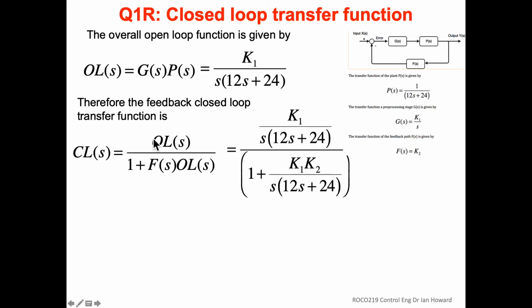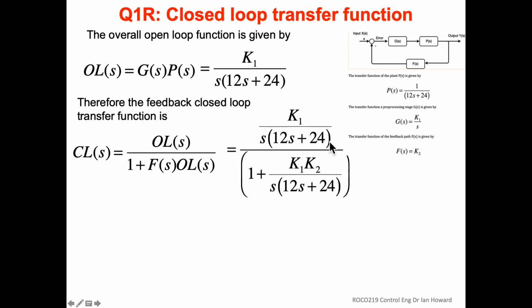So this open loop part is what we just calculated up here. It's K1 divided by s times 12s plus 24. Then we have the 1 plus, same thing again, but this time multiplied by the feedback transfer function, which is K2. Then we want to simplify this expression, and the easiest way to do that is to multiply through the top and bottom by this denominator term, s times 12s plus 24.